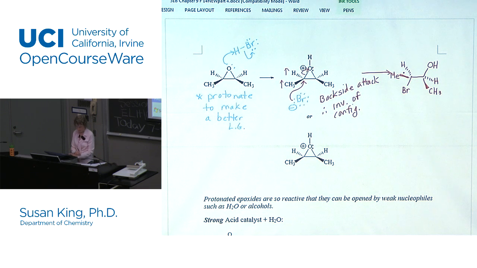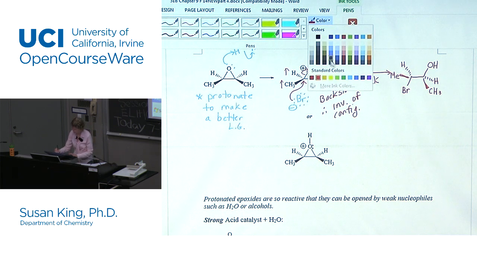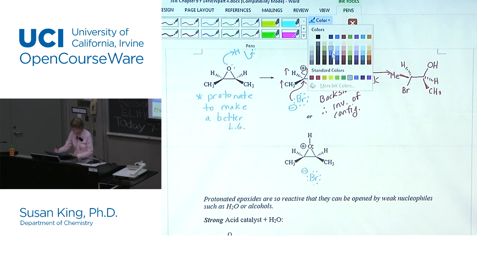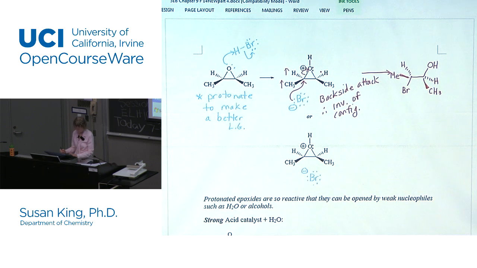All right, so that's one possibility. The other possibility is for the bromide to attack on the right-hand side, so let's try that. So we're going to attack on the right-hand side and kick electrons up onto oxygen. The hydrogen moves up, inversion. The methyl moves up, but they still keep their same orientation.